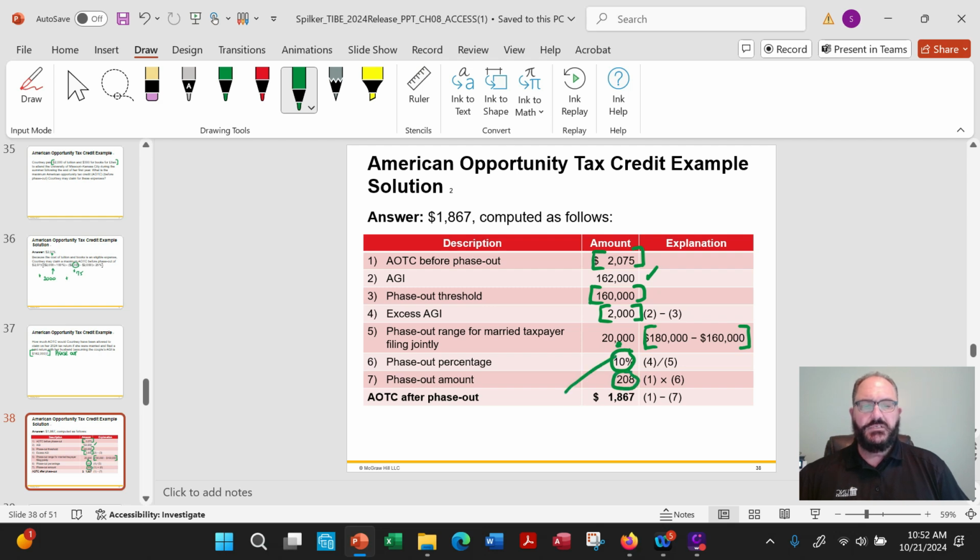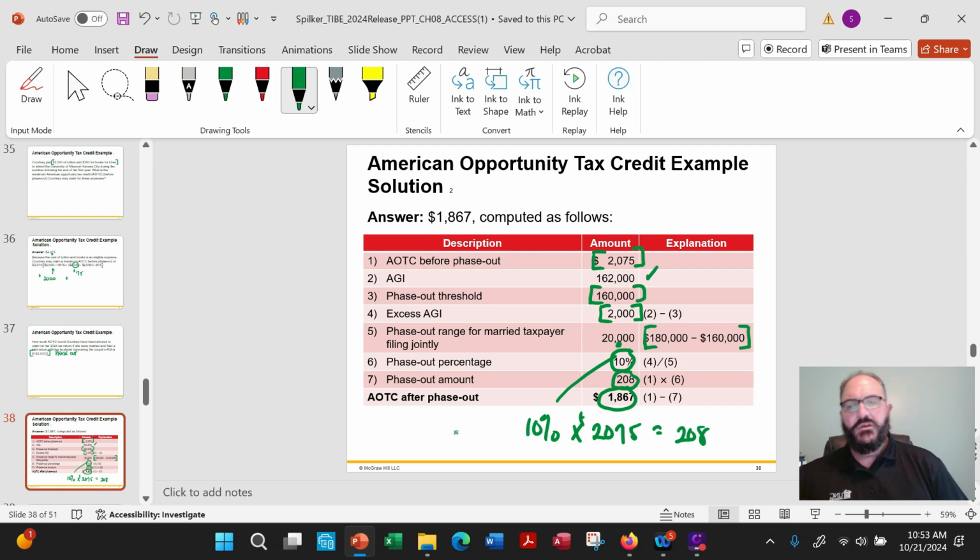10% times $2,075, and they round that off to $208. So now they get this. Let's say the excess was $20,000. Then it's 100% of that amount, and so you get 0.